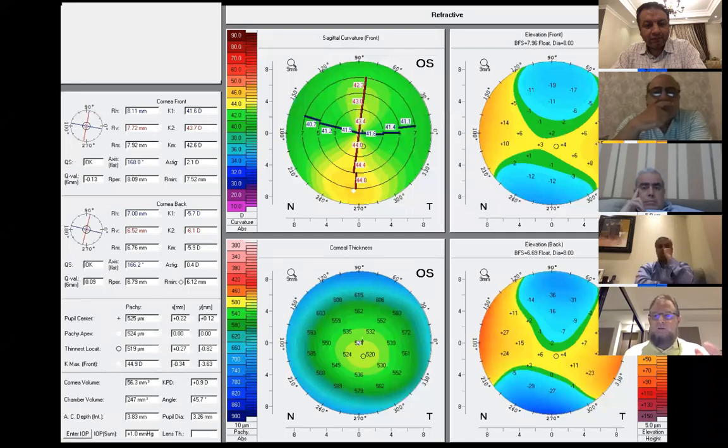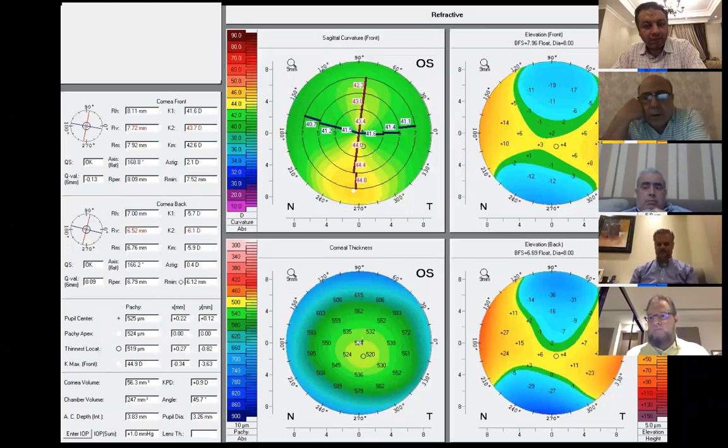As you see, this inferior hotspot makes you uncomfortable. So the first question: do you think about excluding sources of false findings? Always when we find any abnormality in the corneal tomography, we have to exclude factors causing false findings, false positives, false negatives.